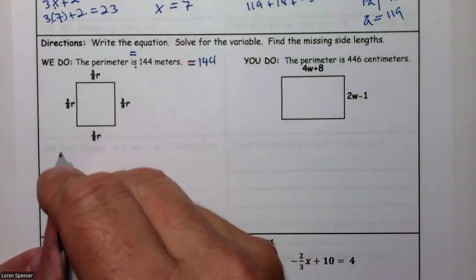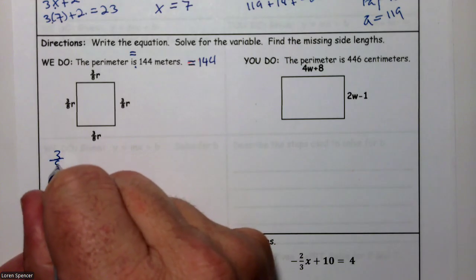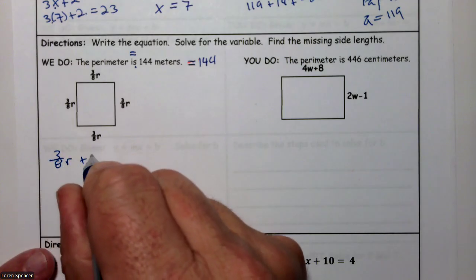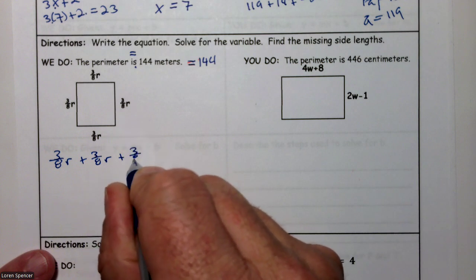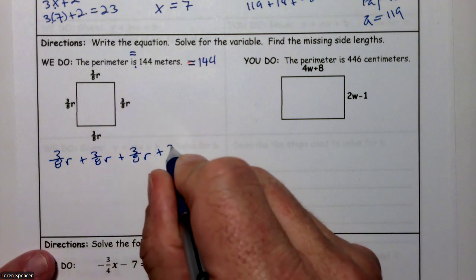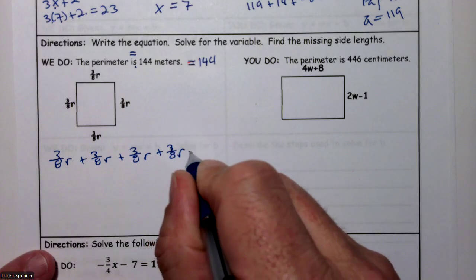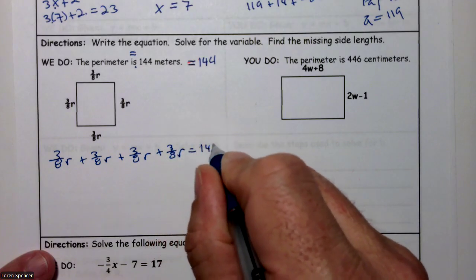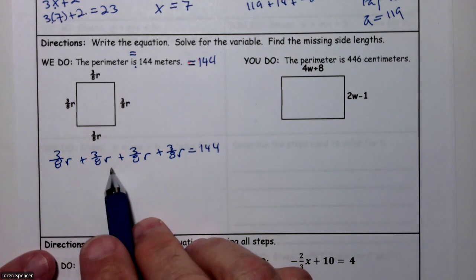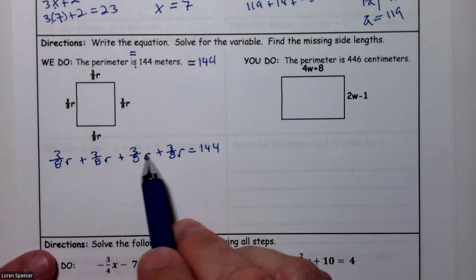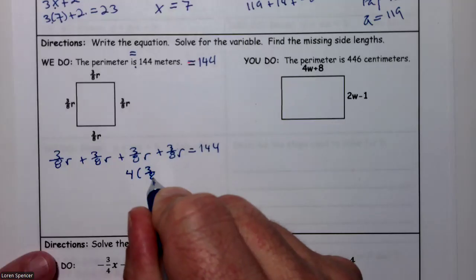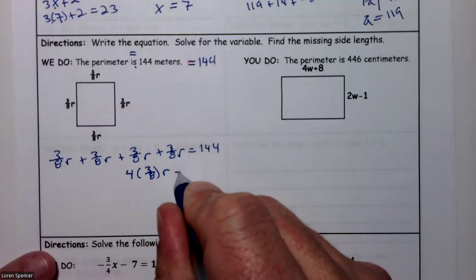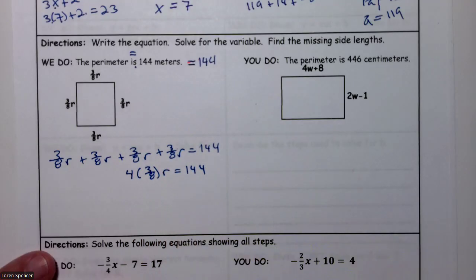And so my equation is going to be 3/8 R plus 3/8 R plus 3/8 R plus 3/8 R equals 144. I have 1, 2, 3, 4, so I could have written it like this: 4 times 3/8 R equals 144.